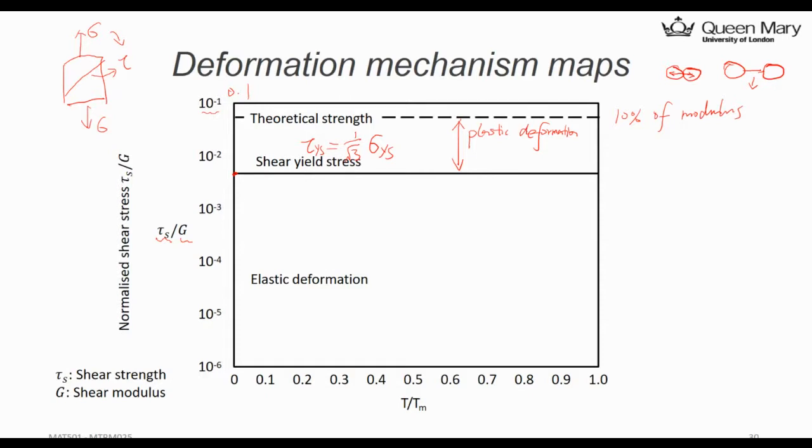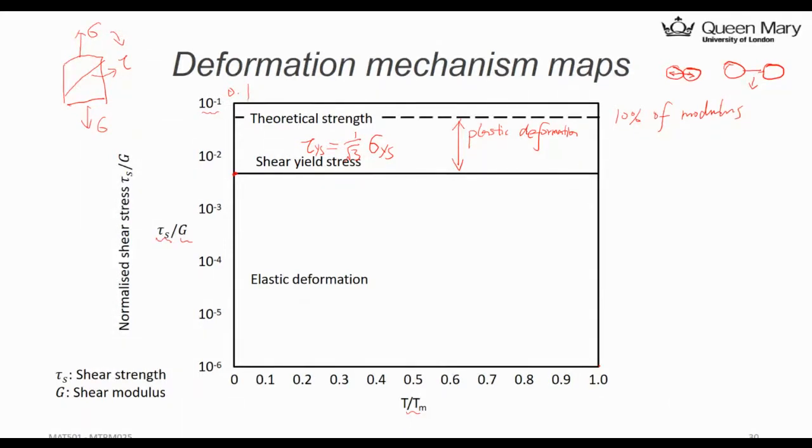And on the horizontal axis, we are plotting the normalized temperature, T over the melting temperature, the homologous temperature, which defines how high your temperature is. So for example, 1 means very high. The material will melt just like a liquid or fluid, like a very hot liquid.